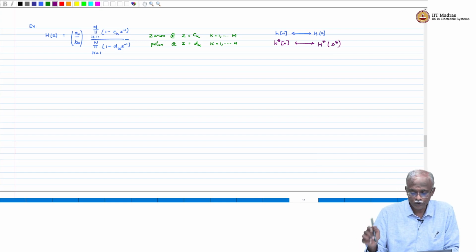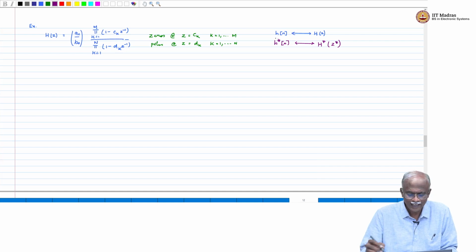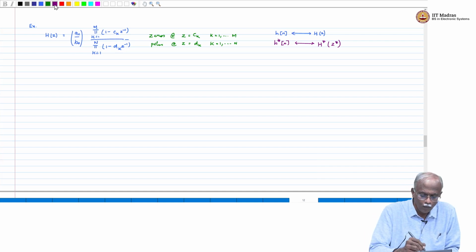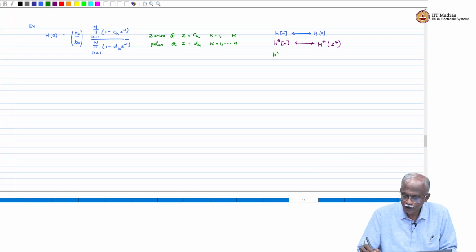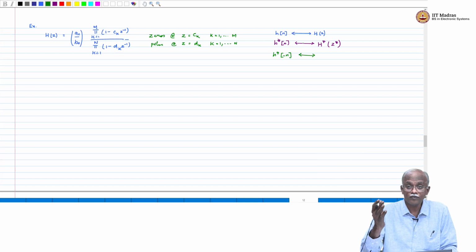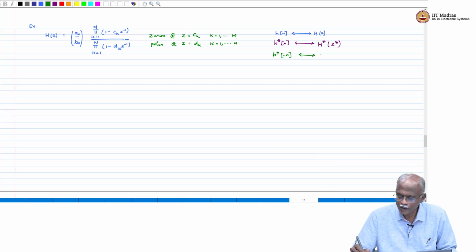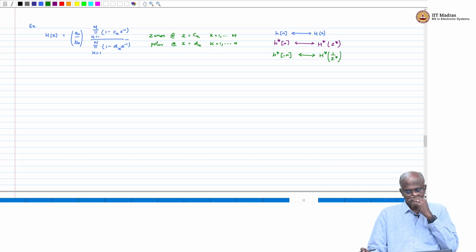That will be the response of the system which corresponds to h conjugate of n, and h conjugate of minus n, the time reversed and conjugated sequence. We saw this in the context of the magnitude squared response. This will have a Z transform which is given by h conjugate of 1 by z conjugate.